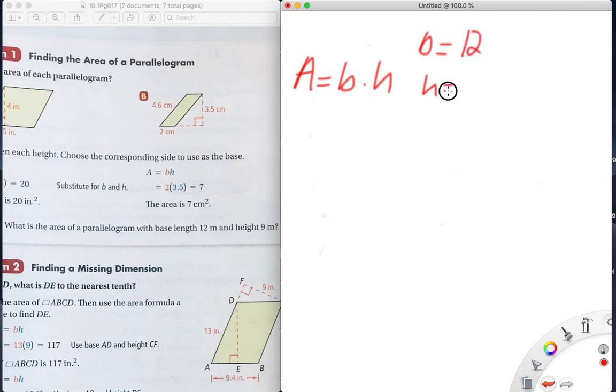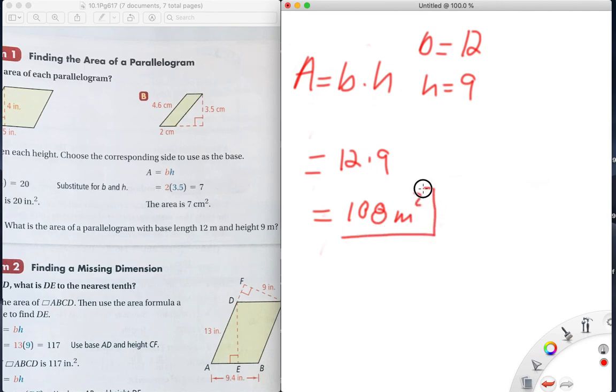My height is 9, which means it's going to be 12 times 9, which gives me 90 plus 18, which is 108 meters squared. One thing about area, when you do your units, they are always squared.